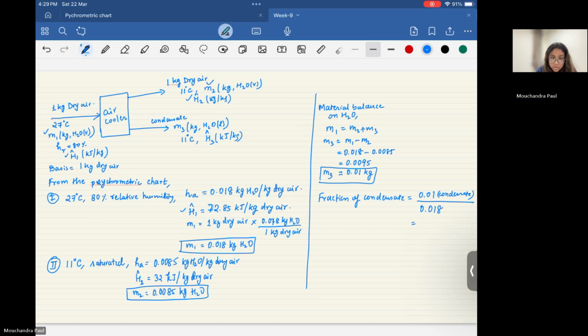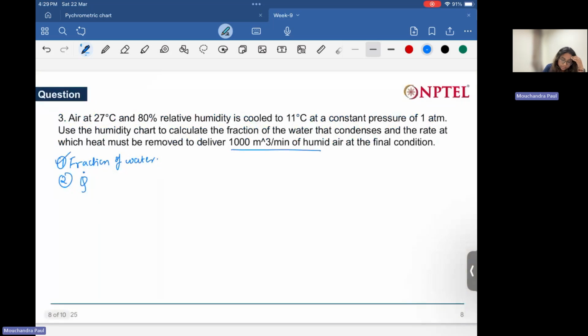It will come out to be 0.55. This is the fraction. So the first part is done.